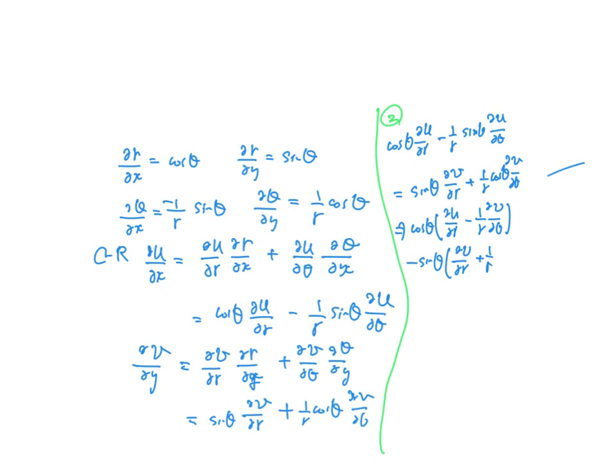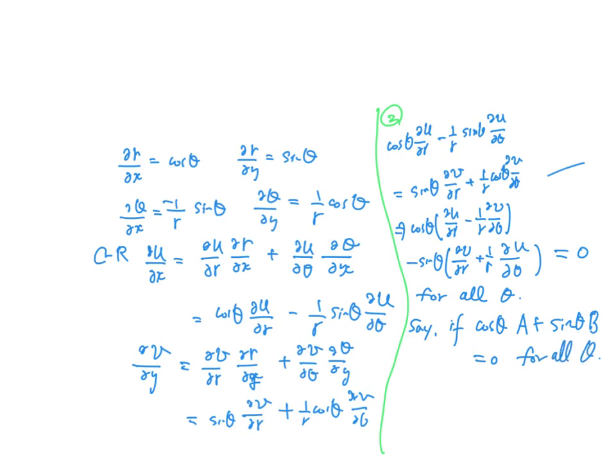So if cosine theta times A plus sine theta times B is equal to 0 for all theta.